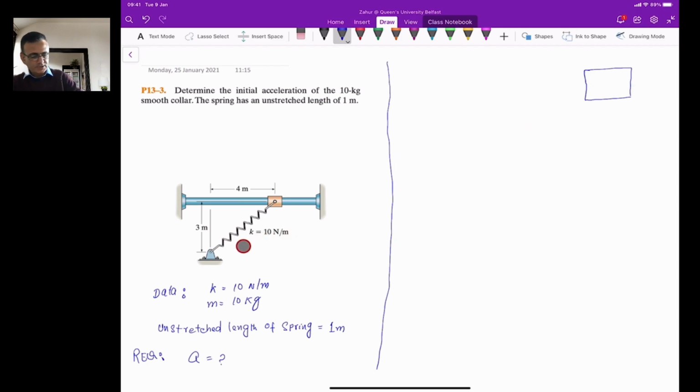One is the spring force, which we are assuming is in this direction here. We can call it Fs. The weight of the collar is in this direction, and the normal force is in the upward direction.